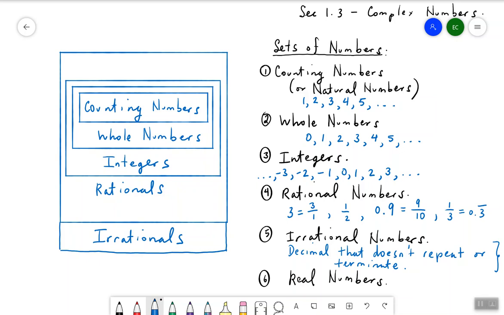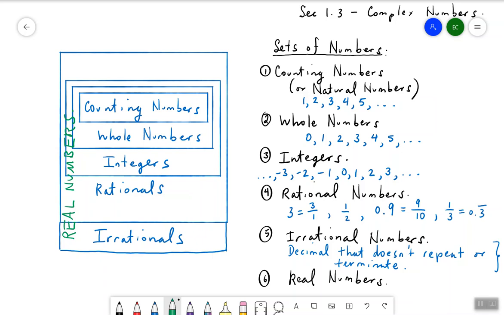And then when we put all of the rationals together and all of the irrationals together, then we have the set of real numbers. And I won't draw a new box for that because the box is already drawn, right? It's all of the rationals and all of the irrationals together.